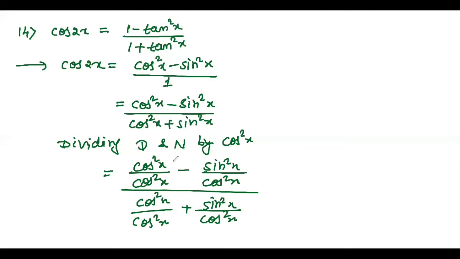So we are getting here 1 minus tan square x divided by 1 plus tan square x. So this is the next formula for cos 2x.